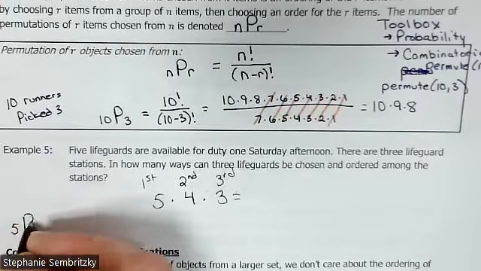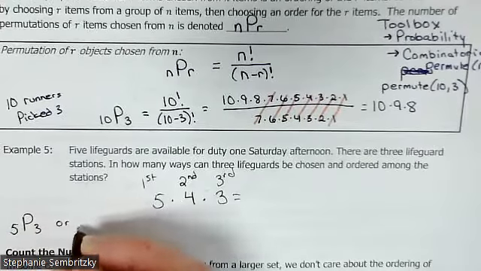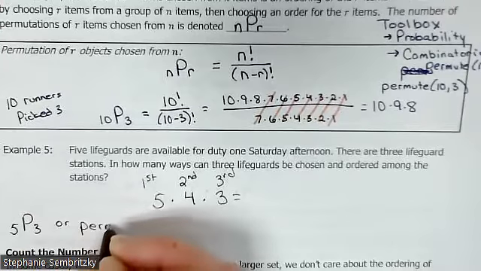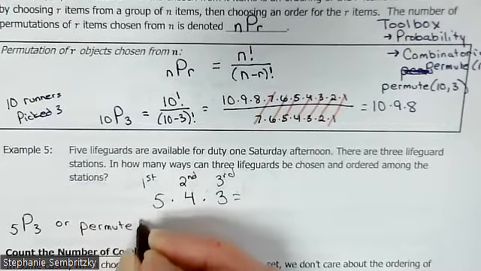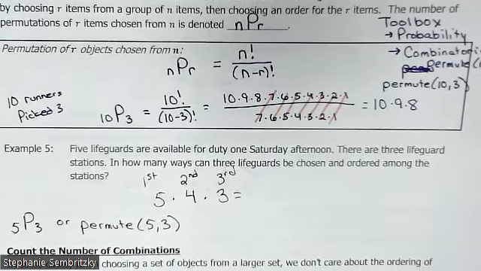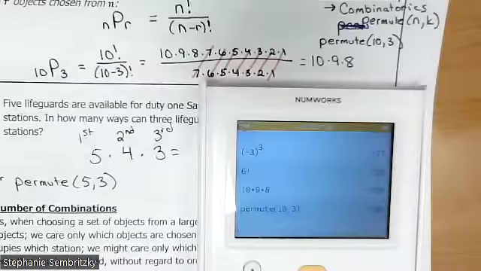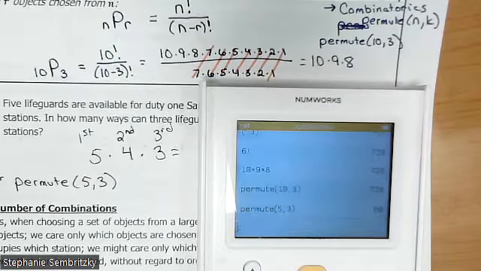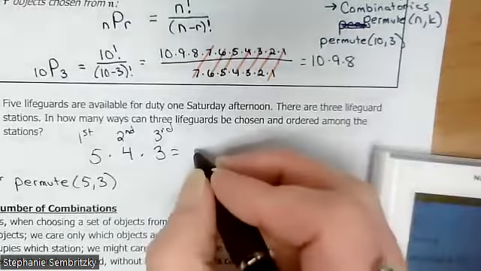This is 5 pick 3, or in my calculator, that would be permute 5, 3. Whichever way you do it, I'll do it in the calculator. Permute 5, comma 3. I got 60.